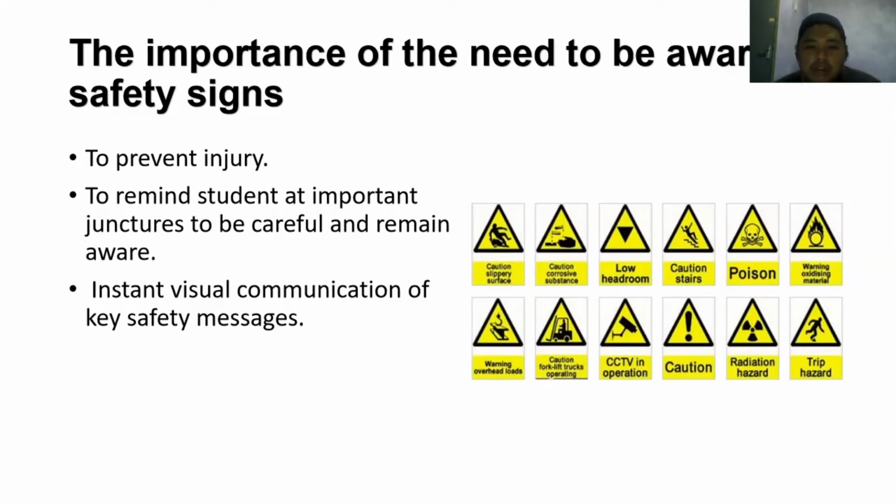So to make it obvious, in class, when a student is entering a high-risk area or where there are actions they need to take in order to ensure the safety of themselves and others.